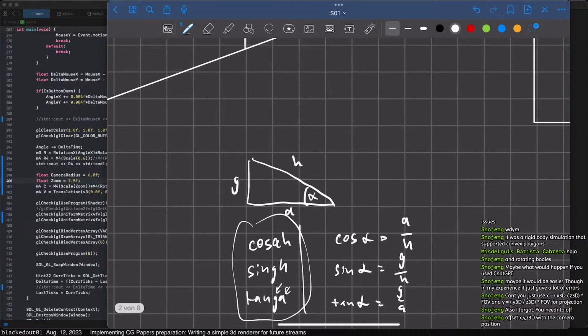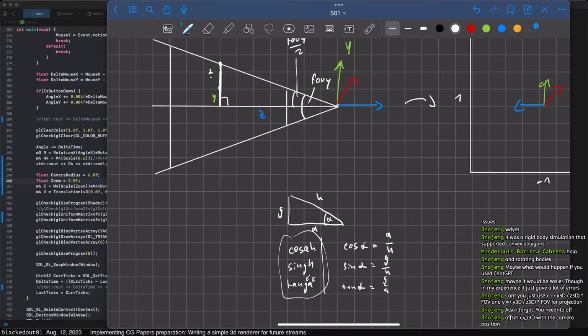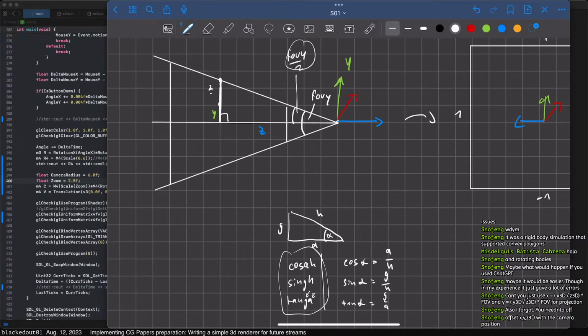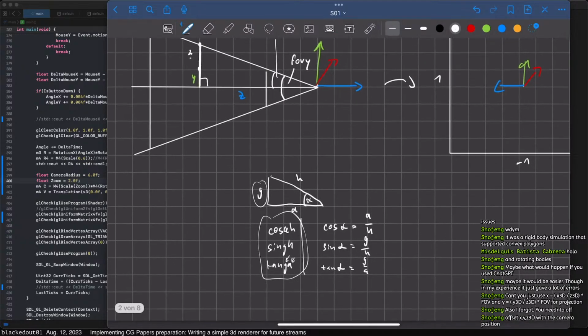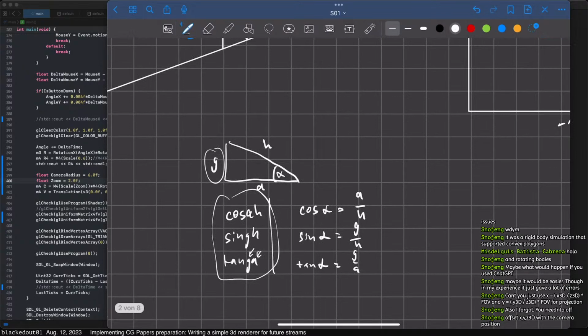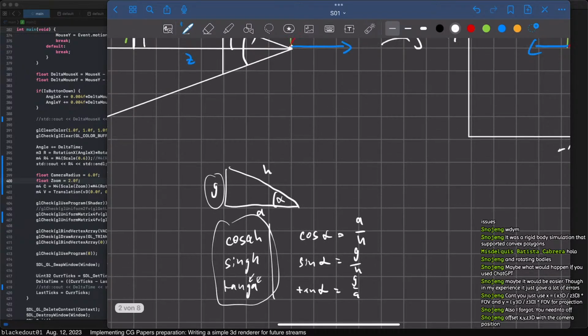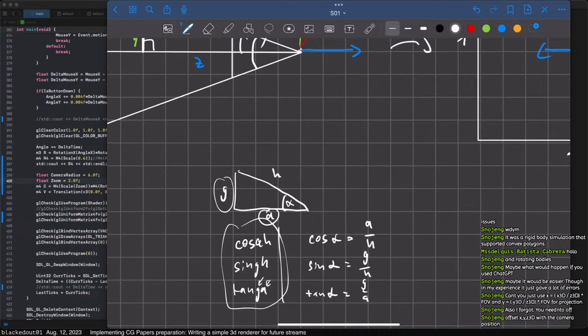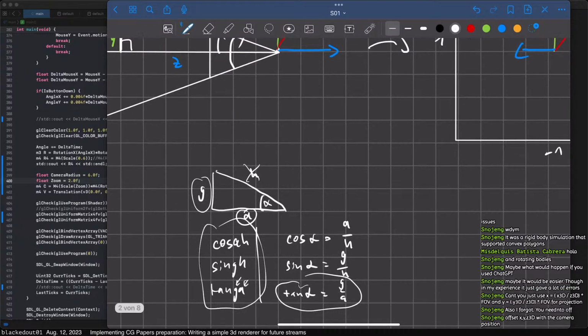So what this means is now we have our angle here, and we want to find the G. And we have the A. So we don't have H. So this way we can use the tangent, I don't know how this function is called.